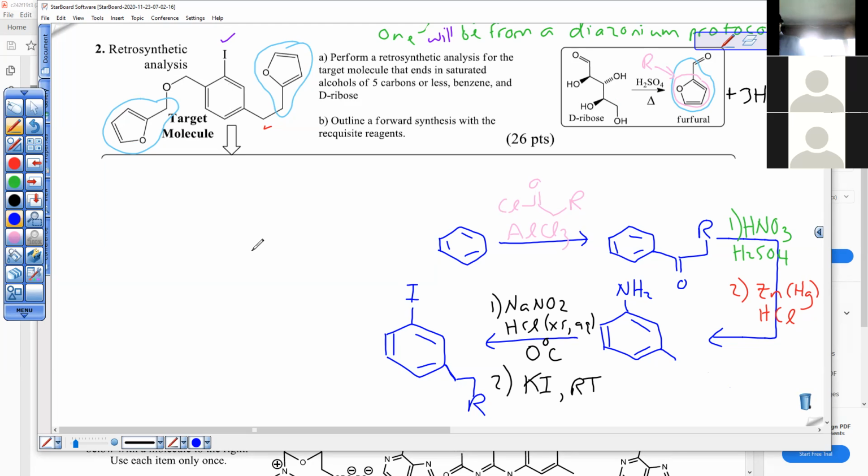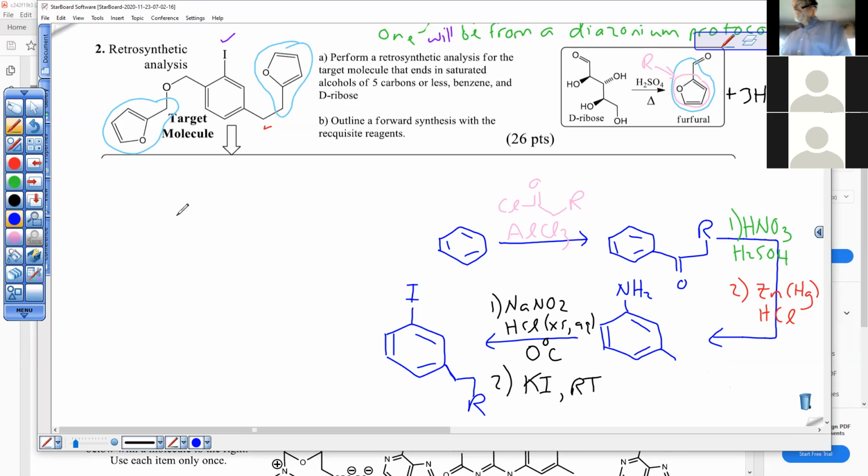I'm wondering, can I bring a carbon here that's a carbonyl? Carbonyl, that could be done with a leaving group on it as well. Just thinking out loud here.